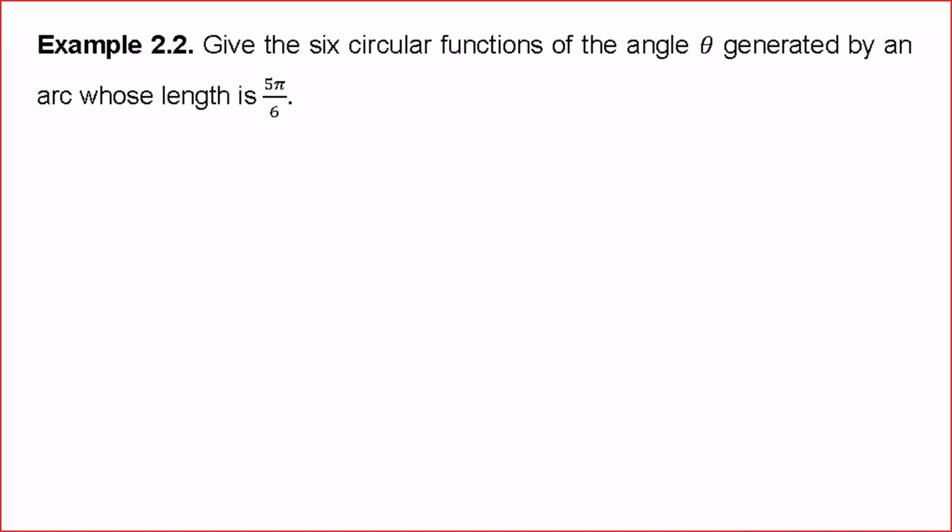But remember in our previous discussion that the central angle is equal to its subtended arc. So if the arc length is equal to 5 pi over 6, therefore the central angle whose arc is being subtended is equal to 5 pi over 6.